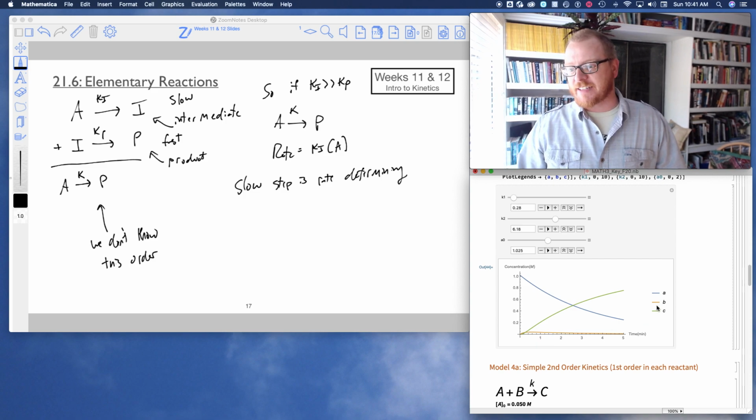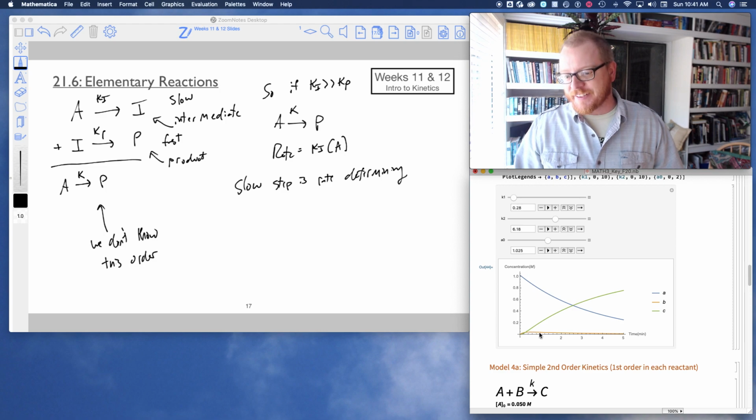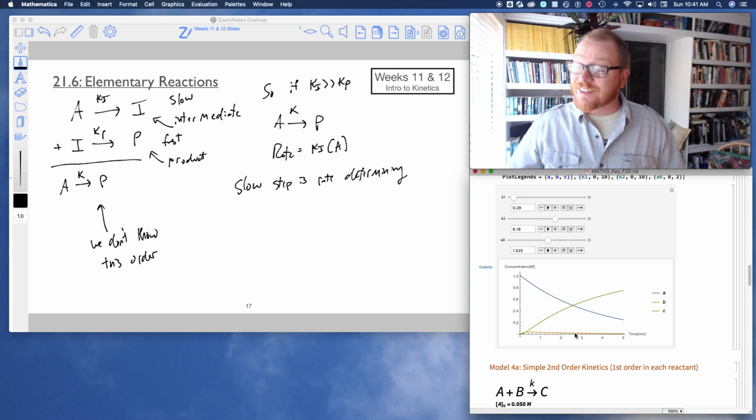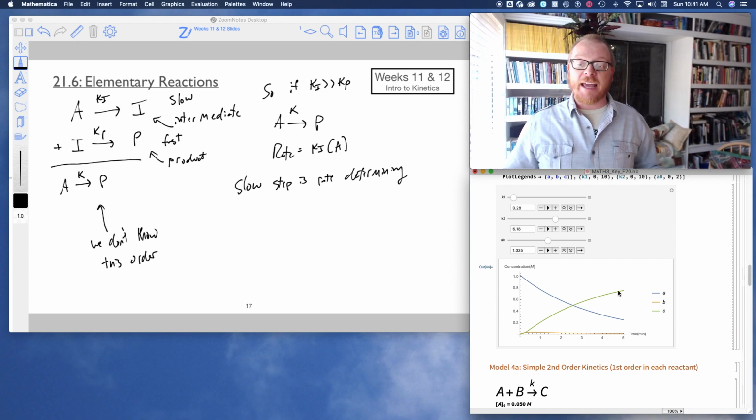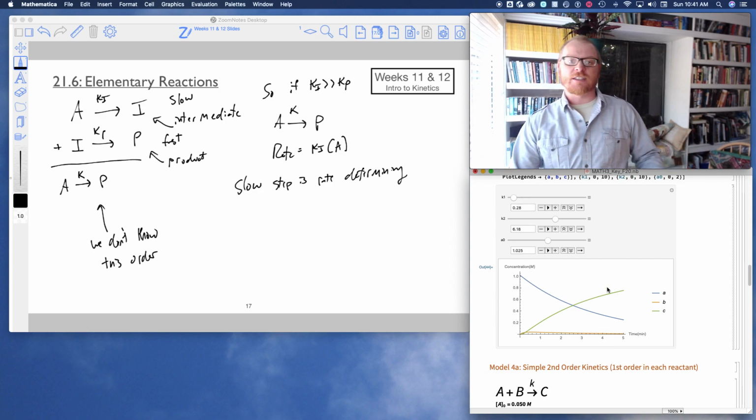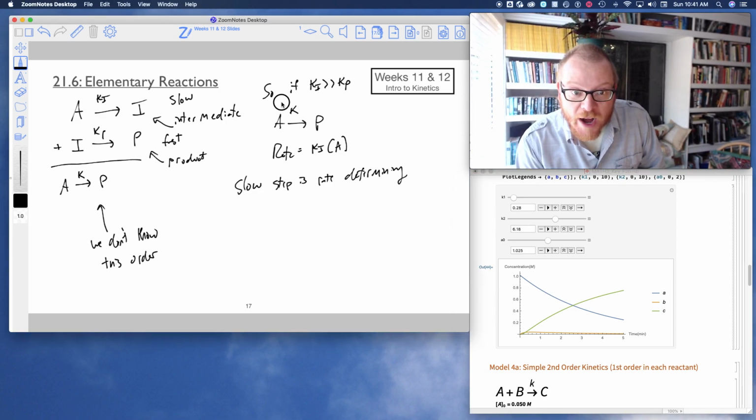We call it the steady state approximation because now the intermediate B is just being produced at a steady state. What that gives us is it looks like the reaction is just a first order decay in A and a first order production of C, right? We don't get this complicated time profile.